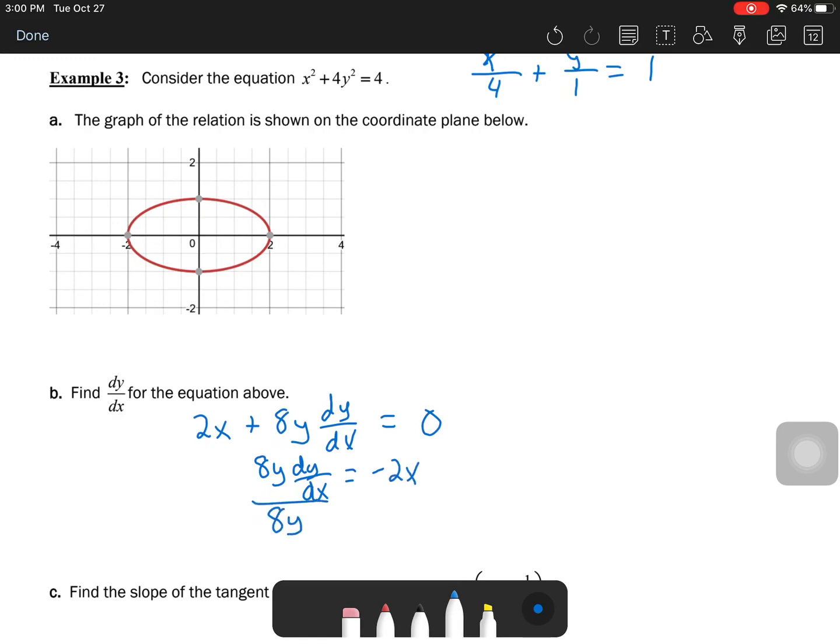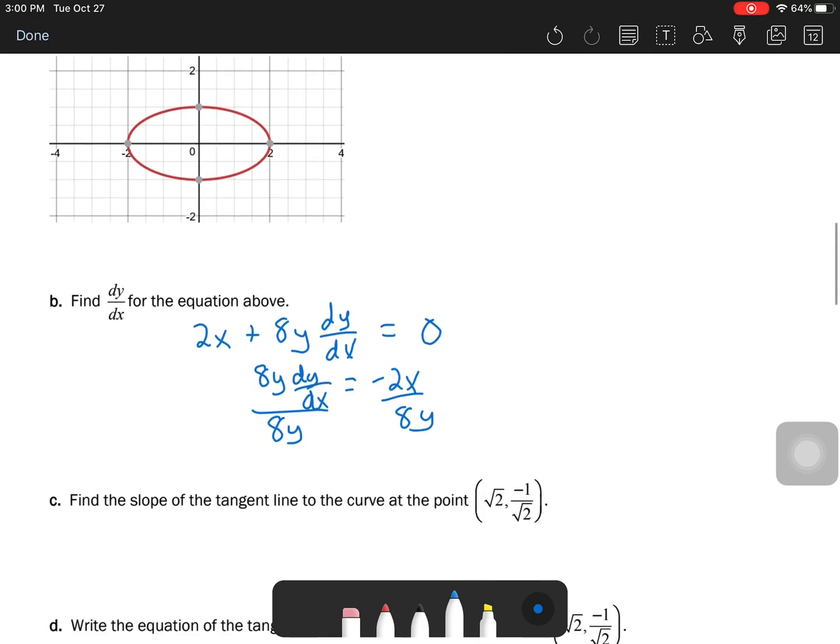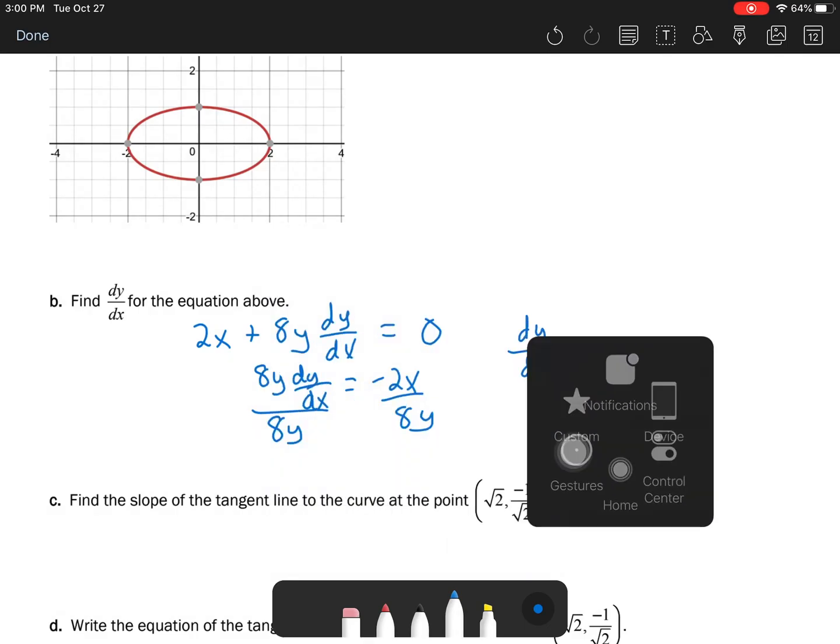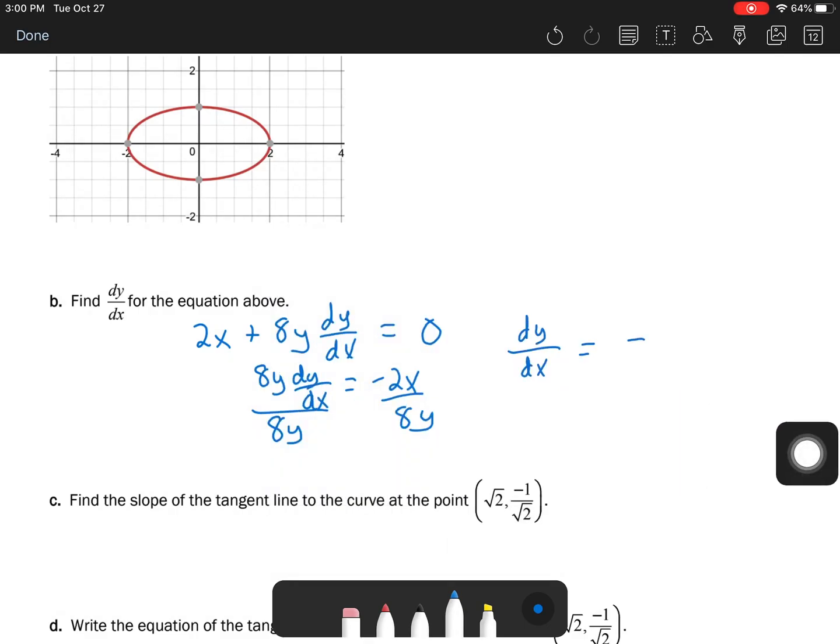So I'm going to end up with dy dx equals, and I can reduce that negative 2 over 8 to negative 1 over 4. So I'll have negative x over 4y, like that. Okay, so that would be our derivative there.